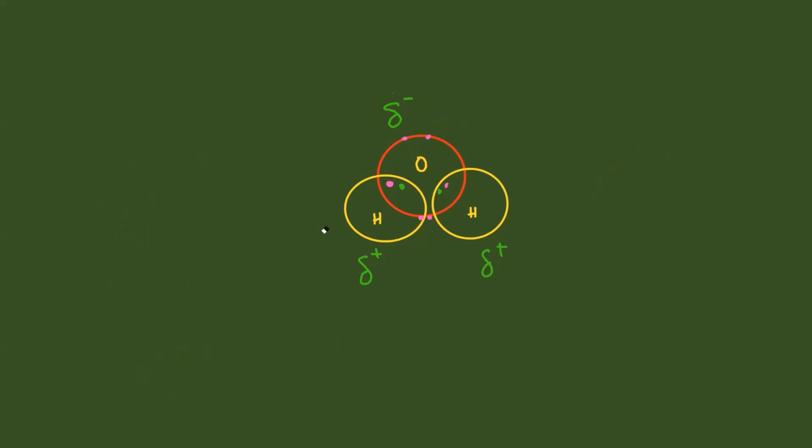Now here you can see that there are 2 different charges. Suppose this is one pole of the water molecule and this is the other pole. We say that because each pole of the water molecule has a different charge than the other, so I call the water molecule a dipolar molecule.